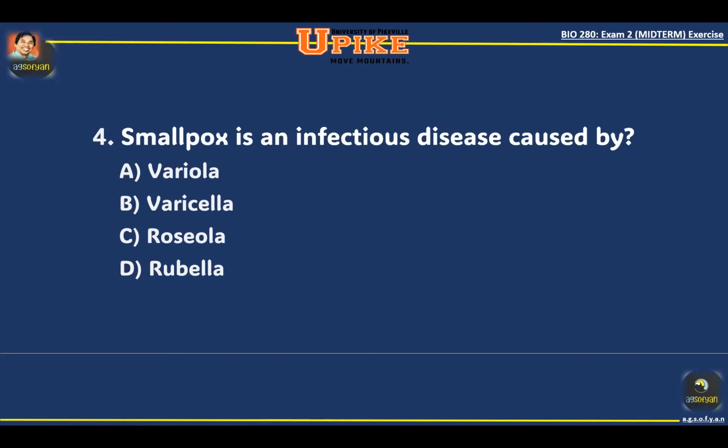Number 4, smallpox is an infectious disease caused by A, B, C, or D. It is also caused by a virus. The virus that causes smallpox is called variola. There are 2 types, major or minor. Variola major is very dangerous because it has an 80% mortality rate.